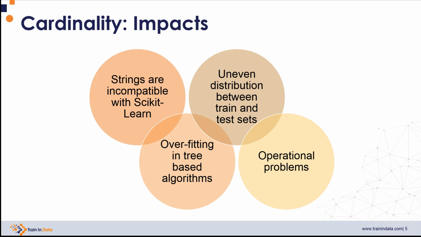Therefore, we need to transform those strings into numbers if we want to use this library. Second, highly cardinal variables may lead to an uneven distribution of the labels across the training and the testing sets, which may derive in overfitting, particularly in tree-based algorithms, or operational problems when we want to use those models live.